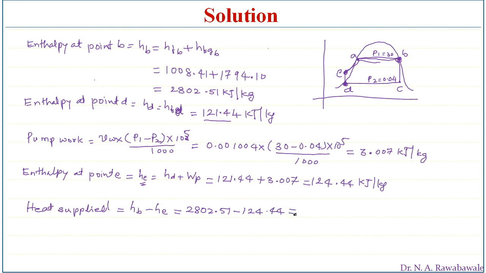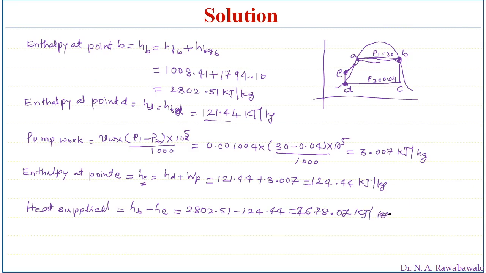So this gives us heat supplied per kg: 2802.51 minus 124.44, which is 2678.07 kilojoules per kg.